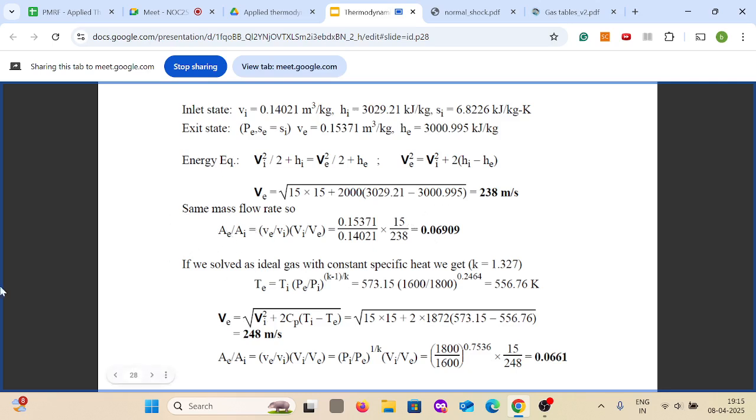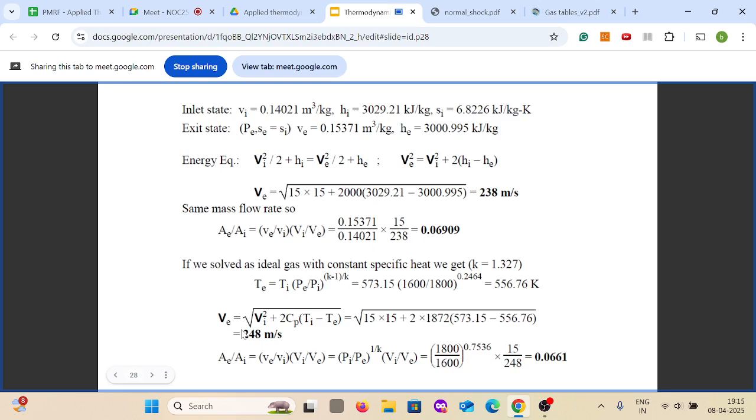Next, if we solve this as an ideal gas with constant specific heat, gamma is 1.327. So for isentropic condition, Te by Ti is Pe by Pi raised to power gamma minus 1 by gamma. So we get 573.15 into 1600 divided by 1800 raised to power gamma minus 1 by gamma, which comes out to be 556.76 Kelvin. So that is the exit temperature.